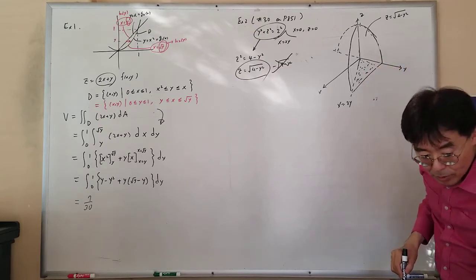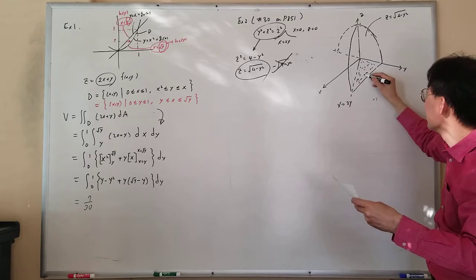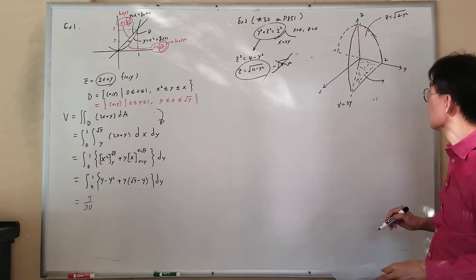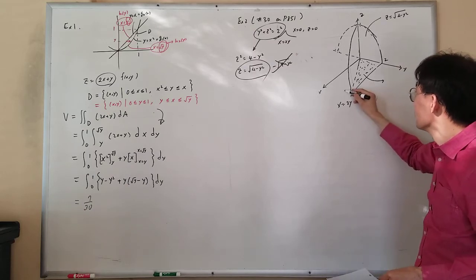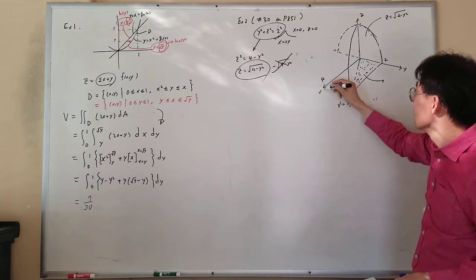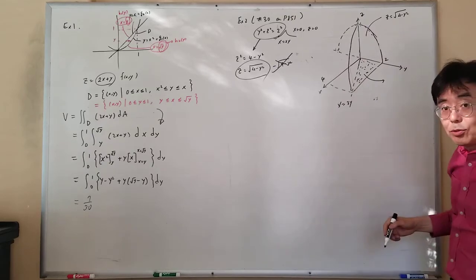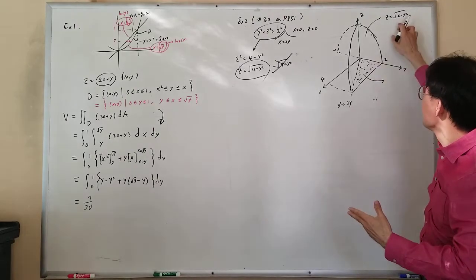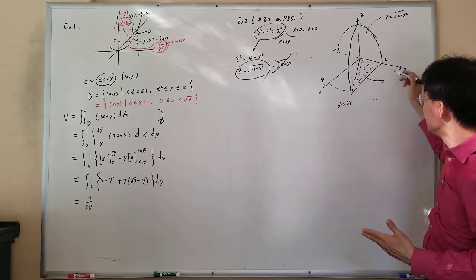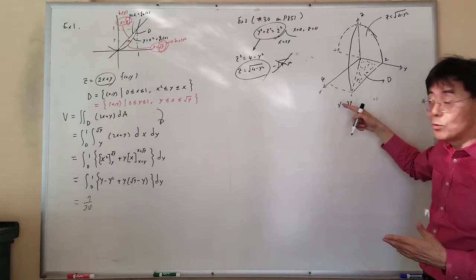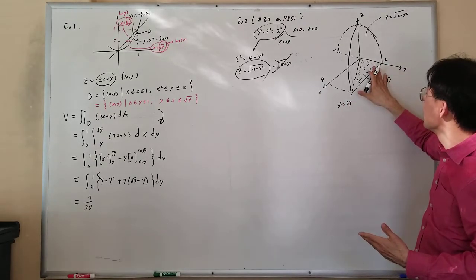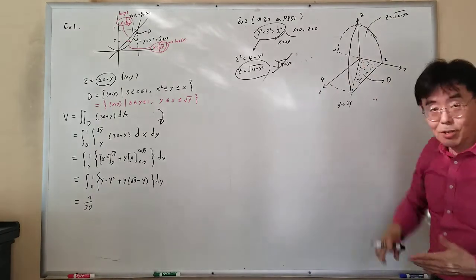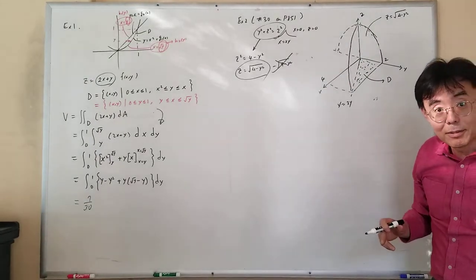I'm going to call it D. This one goes down to 2 here, at 2, right? And obviously this will be 4 in that case, but it's not there. So you can consider this solid as the region below this graph, above this domain D, this triangular domain. That is the solid the problem is talking about.